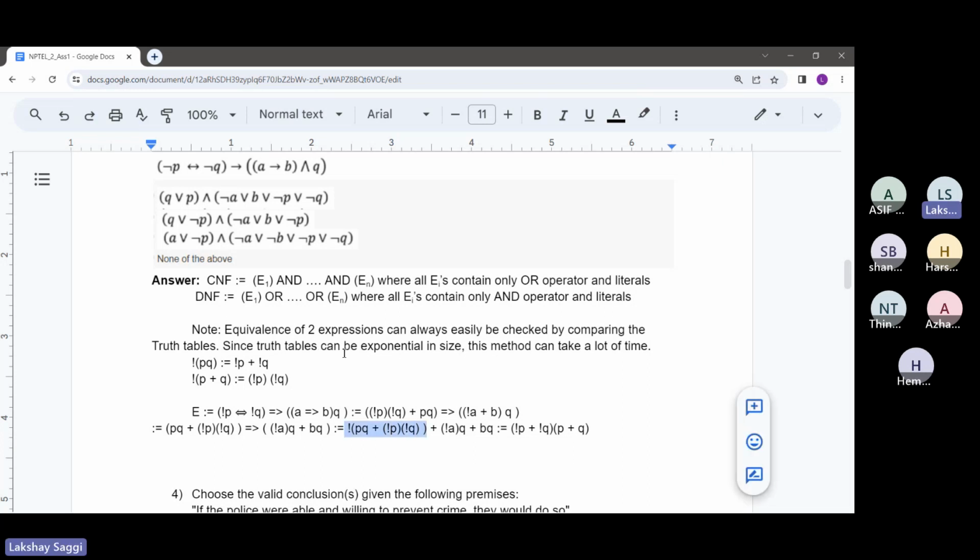So this expression, not of PQ plus not P times not Q, will become this expression. I hope everyone is able to understand.